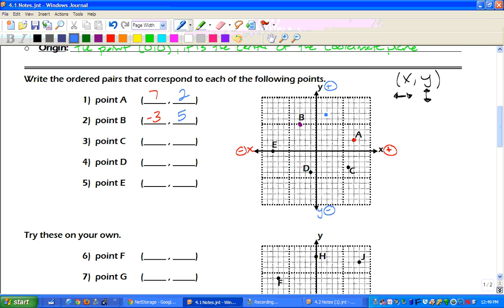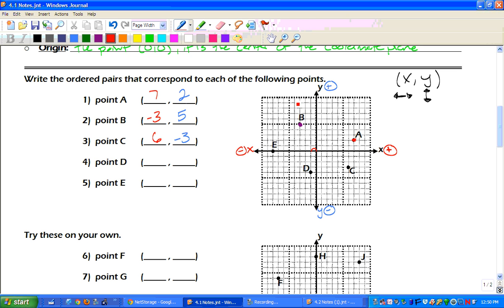All right, let's do the next one. We got to go to C. Now, has anyone realized what these dotted lines are yet? Those dotted lines are exactly 5. So we're going 5, 6, 6 to the right, and then we go 1, 2, 3, and that's down, so it's negative.